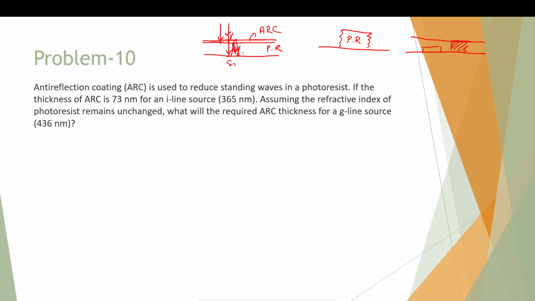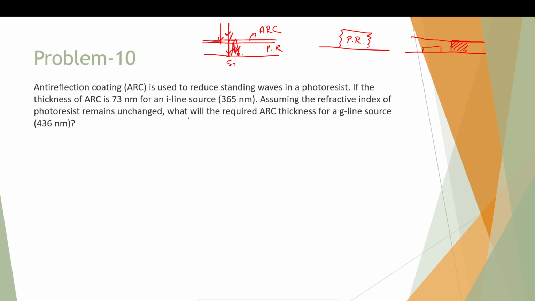So when they are out of phase, there will be destructive interference, and there won't be any mode trapped inside the photoresist. There won't be any constructive interference, and that's why there won't be any light trapped inside the photoresist. So that is the purpose of the anti-reflection coating.